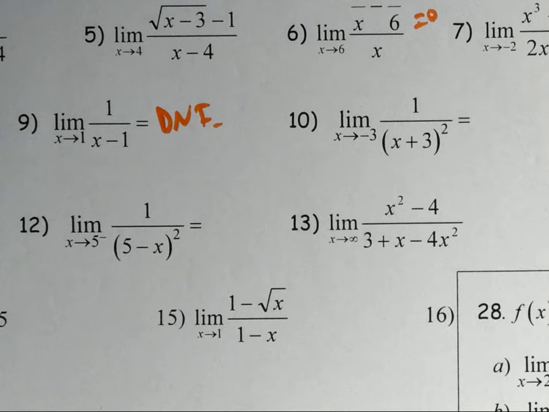I plug negative 4 in. When I do that, I get a negative 1 squared, which is what? A positive. So positive divided by positive is a what? Positive. I plug negative 2 in. I still get a positive value, don't I? So I got 1 going to positive infinity and 1 going to positive infinity. They're both going to positive. What's your overall limit? Positive infinity.